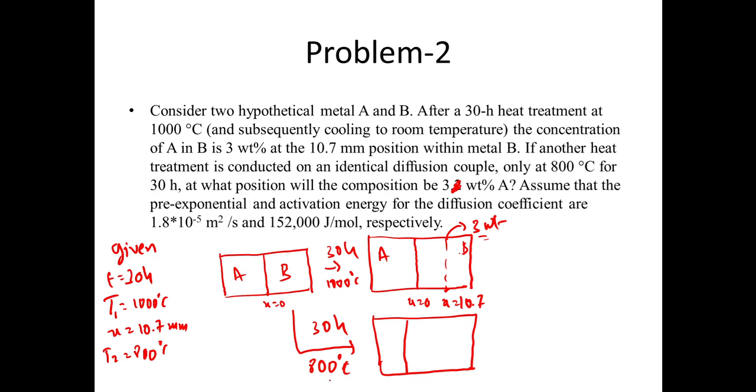After 800 degrees Celsius, if you do the same heat treatment, if you analyze at same distance, that is x equal to 0 to x equal to 10.7. Sorry. Need to calculate this one only. A little bit of confusion. Need to calculate this x value, where the concentration is determined. So what will be the distance from here?